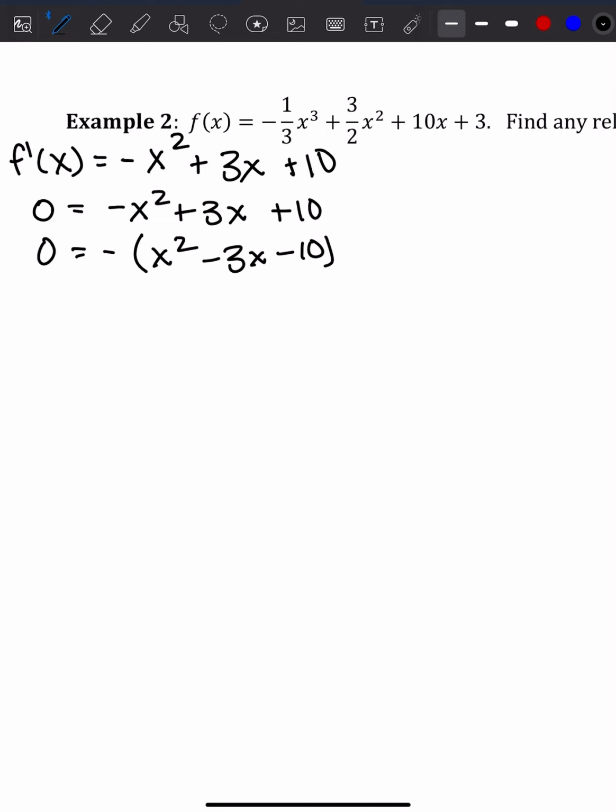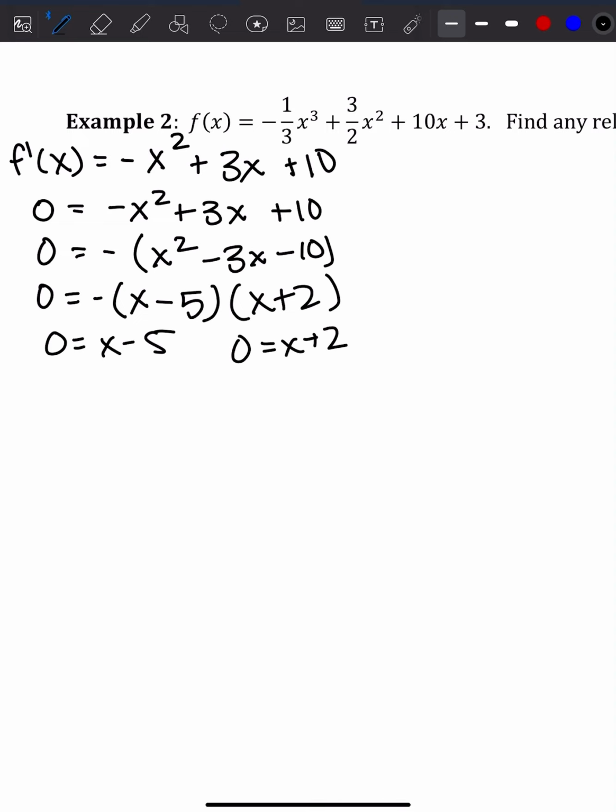So I'm looking for something that multiplies to negative 10 and adds to negative 3. So we have x minus 2, x minus 5, and x plus 2. So we can set each of these equal to 0. This is going to give me x is equal to 5 and negative 2.